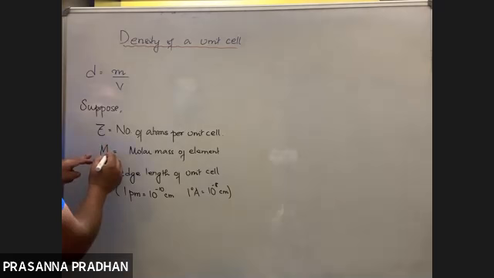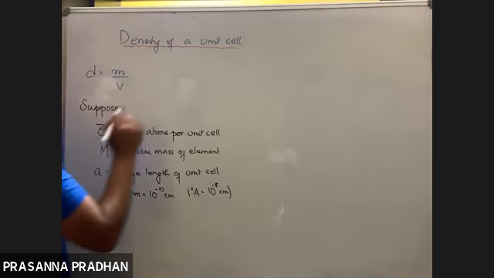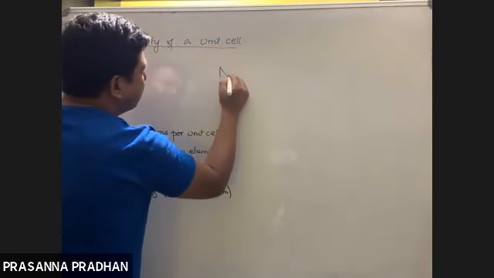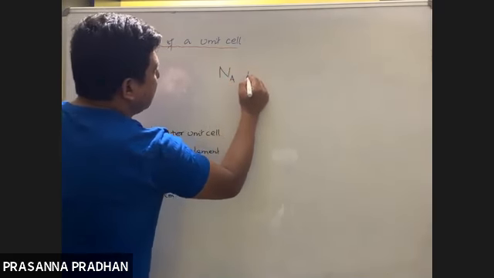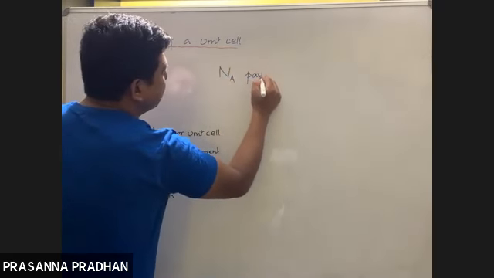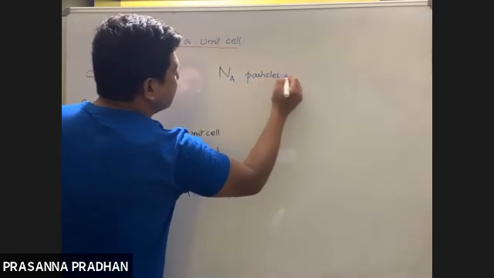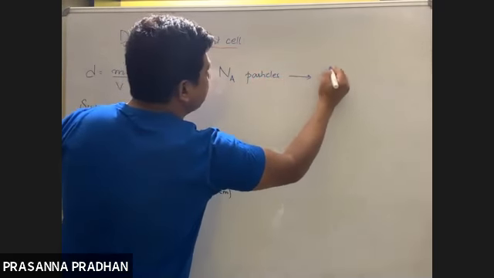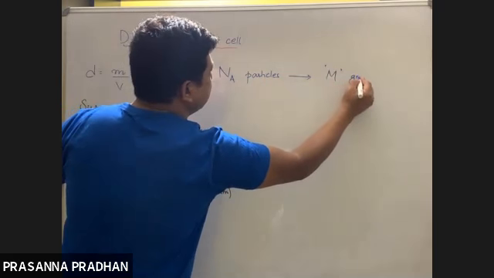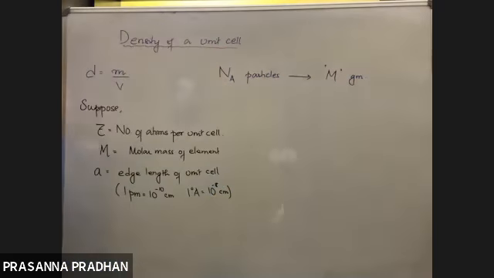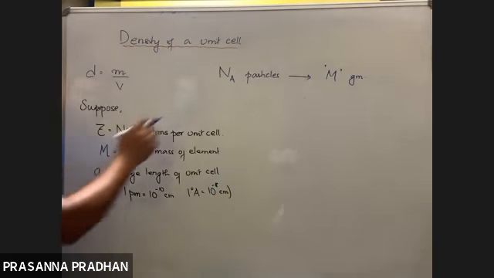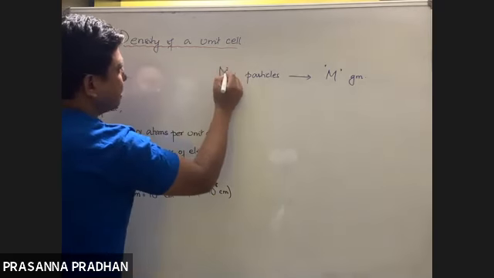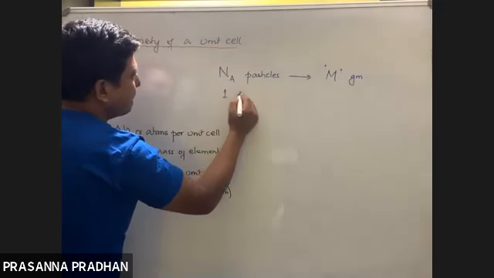So here M is the molar mass. The mass of Avogadro number of particles is M gram. So what is the mass of one particle, guys?